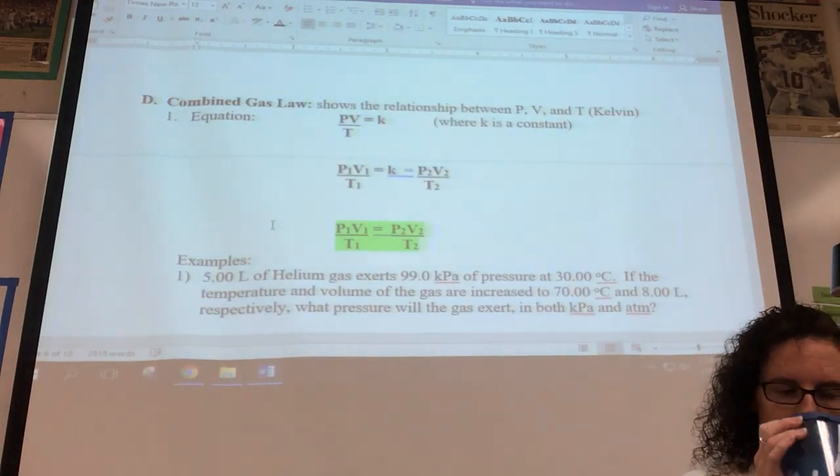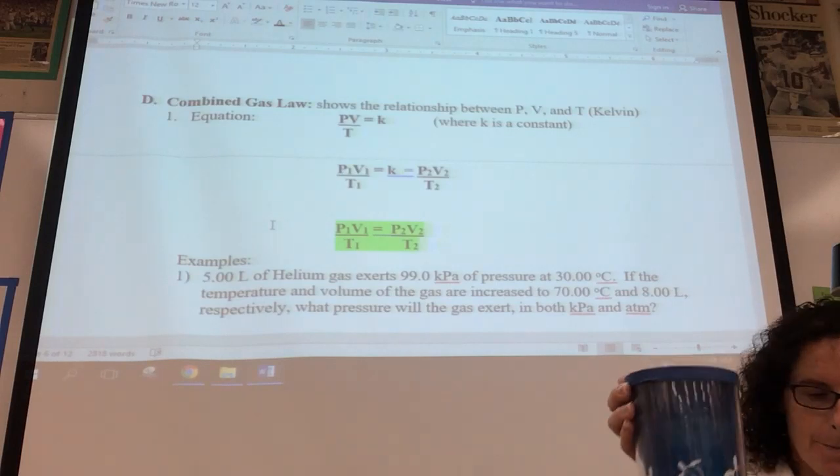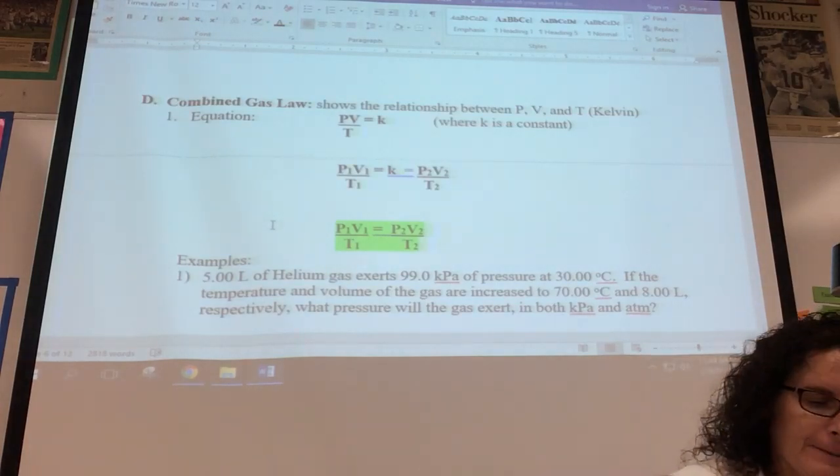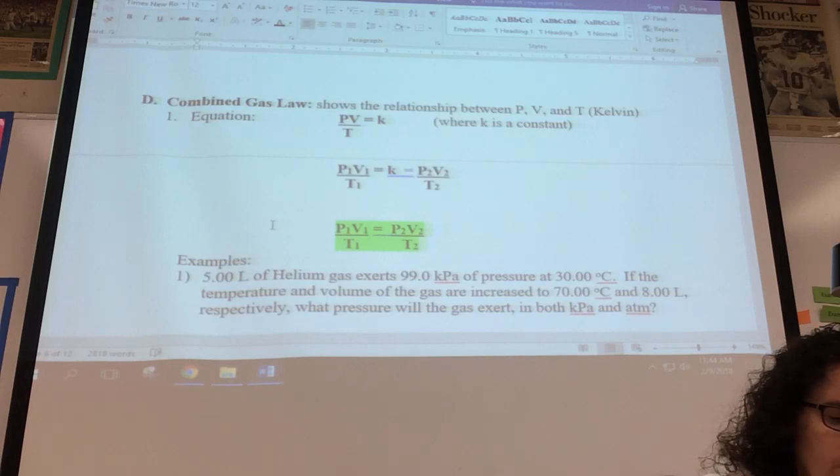How we doing? Be careful because you're solving for temperature. If you get a weird answer, you probably solved for the reciprocal by mistake.